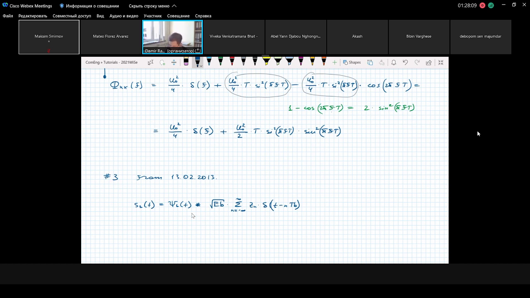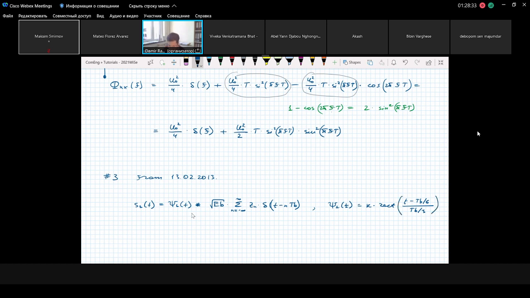random bits, random symbols, and the basis function for this example is given as a rectangular shaped function, rect of (t minus T_b over 6) divided by T_b over 3.